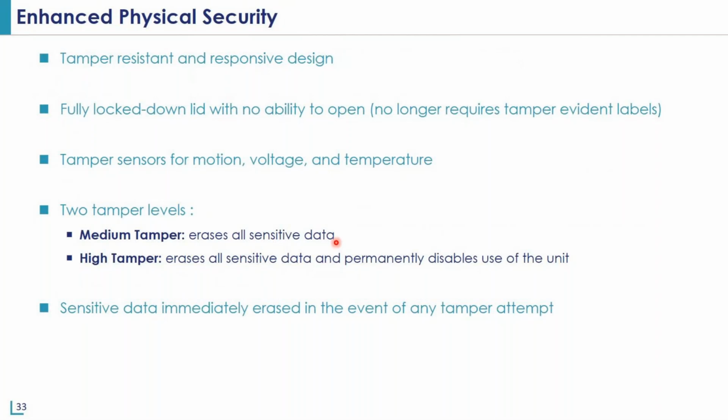You have to reinstall the LMKs. But in case of a high tamper, it will delete all your sensitive data, but additionally, that unit, that payShield 10K, cannot be used again. You have to contact Thales support. We have to order a replacement when a high tamper occurs.